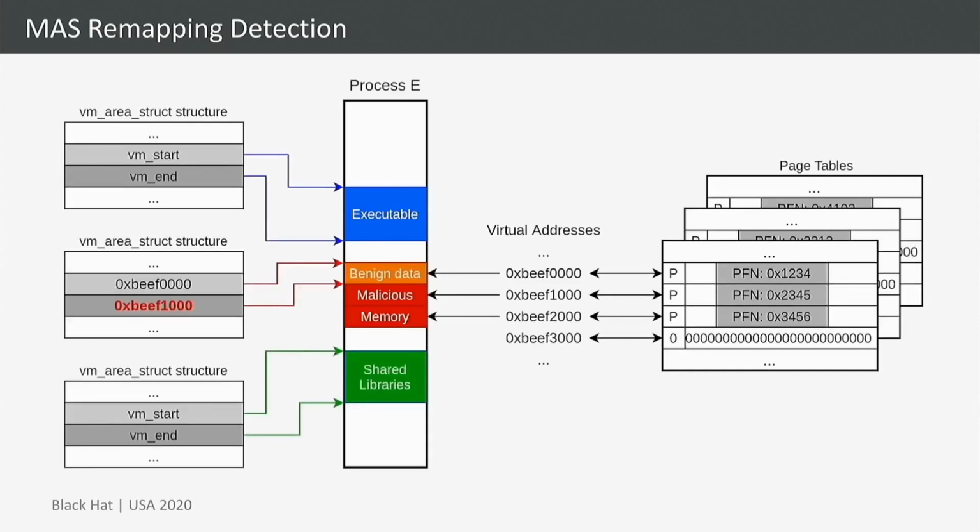We can use this information to check whether there are virtual addresses which are not described by a VM area structure but are valid. So in this case, we have those two virtual addresses which seem to reference valid page frames, so there's actually memory content behind them, but they are not part of any MAS structure, so that's something suspicious which we alert on.